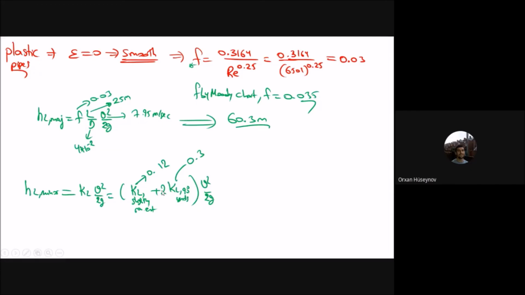And we have 2 of them. Okay, I should add it here, which is for threaded. Okay. And I have 2 of them, therefore I multiply by 2. And therefore you will have 0.12 plus 0.6, 0.18 multiplied with 7.95 squared by 2 multiplied with G. Okay. Now you can tell me the value of the minor losses, and let's see if it is minor or not. Okay.